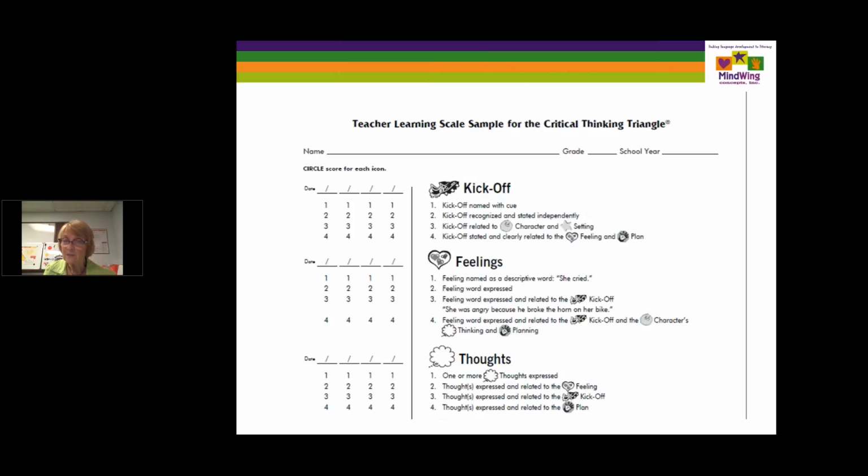So here are just some samples. So the kickoff, named with a Q, recognized and stated independently, related to the kickoff and the setting, related to the character and the setting, and the kickoff stated and clearly related to the feeling and the plan, which would be a number 4. A 3 might be your target, and in order to get them there, you often have to begin with 1.